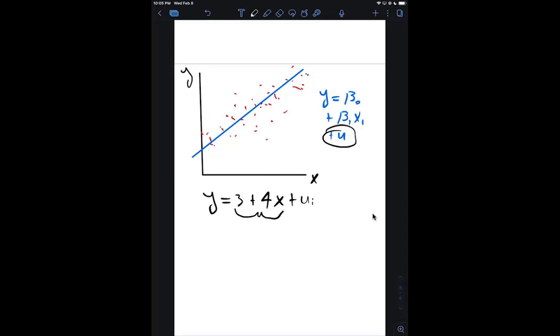But I want to stick to the main point here, which is that we're saying something pretty strong when we do bivariate regression, especially where we say that y is just a linear function of x. What that means is that once we know someone's value of x, we know what their value of y will be, plus noise that is, hopefully, negligible. That's the strong claim here.